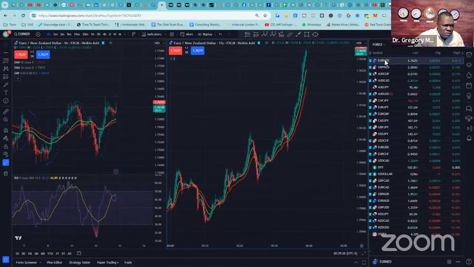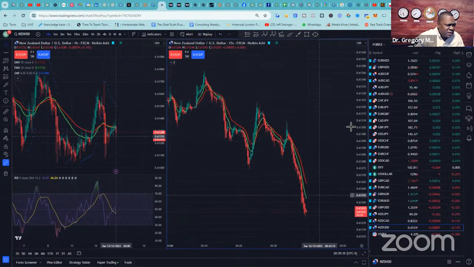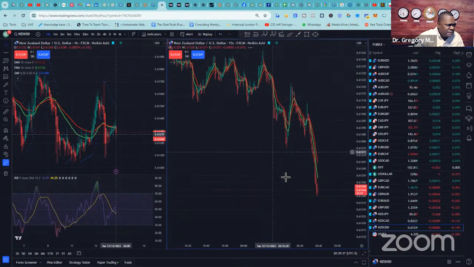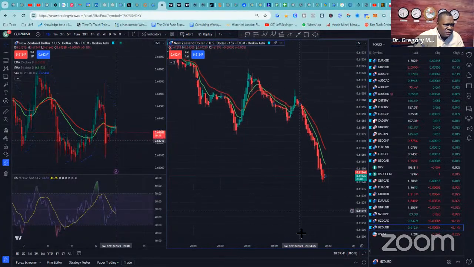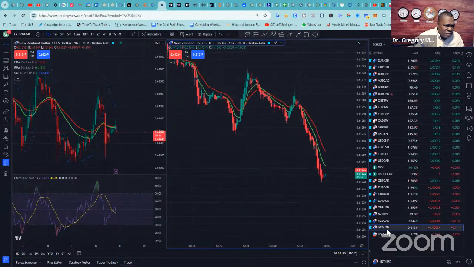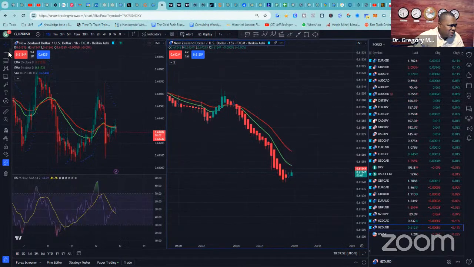There's a Euro Kiwi and the Kiwi dollar going the opposite direction. Oh yeah, look at that. Tasty. Aussie Kiwi, pound Kiwi, Kiwi dollar, Kiwi CAD. Okay, here we go. A little bit of a pullback, right?